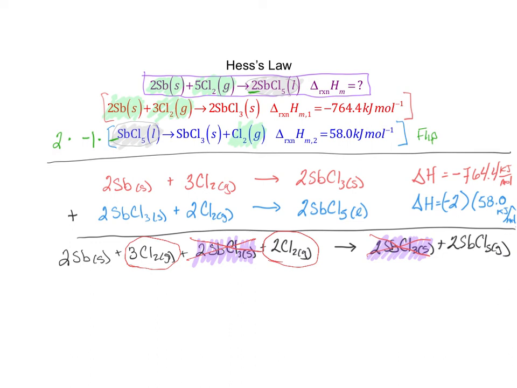And so this gives me 2 Sb solids plus 5 Cl2 gas goes to form 2 SbCl5 liquid. I changed that, liquid. That is our overall reaction that we were looking for.